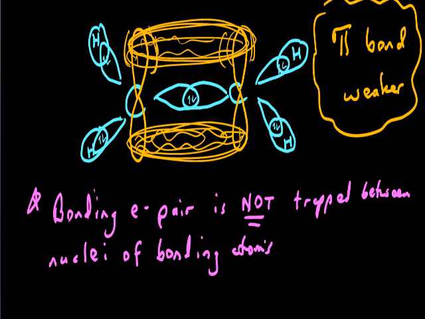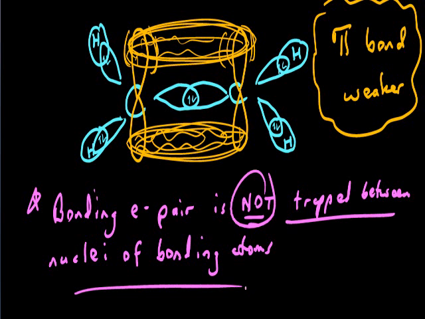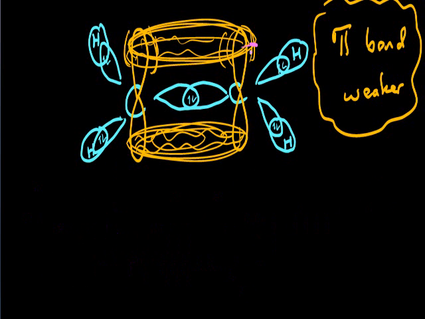Also, the bonding pair of electrons is not trapped between the nuclei of the bonding atoms. With the bonding cloud existing above and below the bond axis, the electrons in this cloud can move away from the nuclei of the bonding atoms.